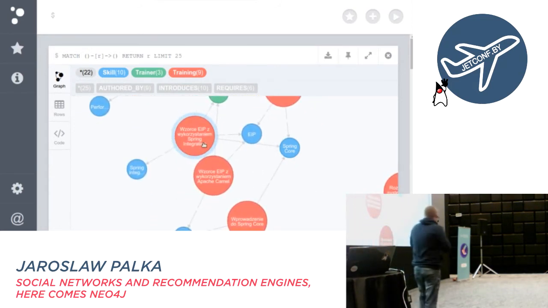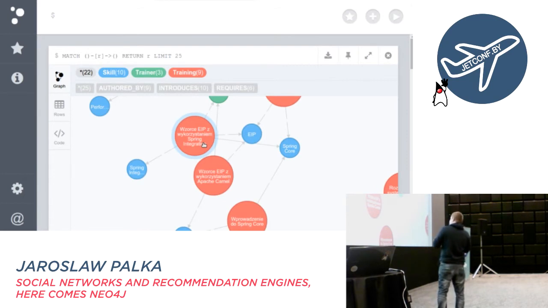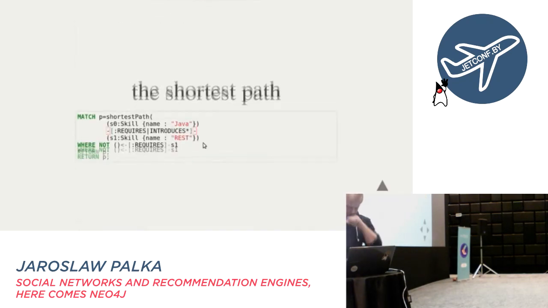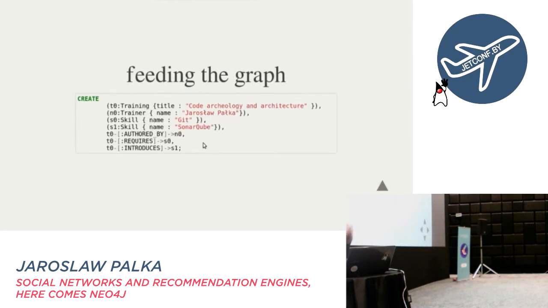So, we have a bigger database with trainings, with trainers, and the skills. And the first query. Let's imagine the product owner comes and says, nice product, but we need a feature in this product. And this feature is, the person comes into the system, he says, I know Java, Assembler, and COBOL.